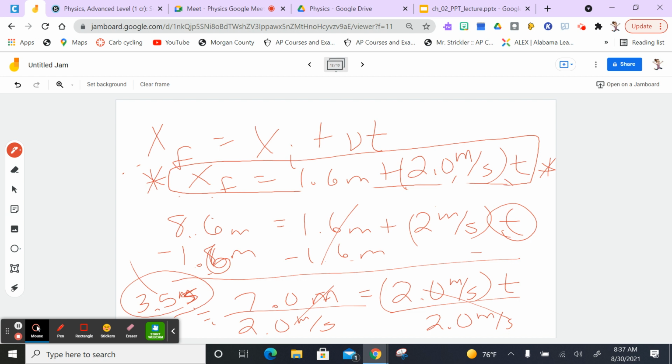Yeah, I just added because there's just a plus sign there. If the 2 hadn't been multiplied by the t, then that would have been fine. But since it's 2t, you can't do that. That's like adding 1.6 and 2x. You can't add a 2x to just a plain number. It doesn't work that way.